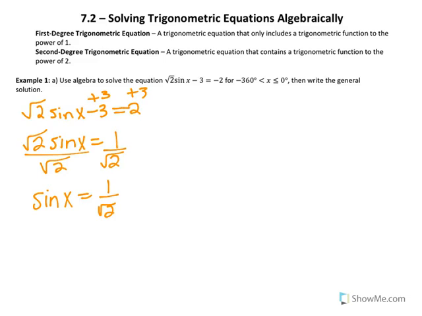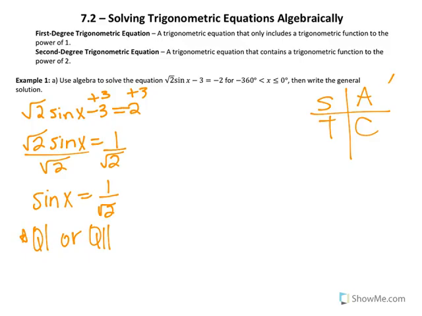And because sine is positive, it's going to be in quadrant 1 or quadrant 2, because all students take calculus, so we'll use CAST there.